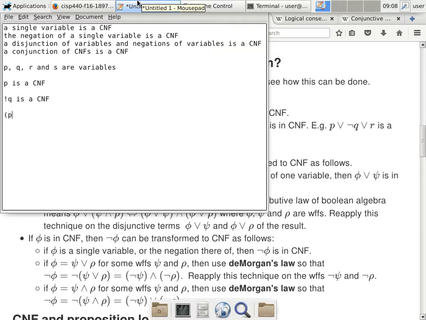So now I can say P or not Q or R is a CNF because it is a disjunction where the individual components are either variables or the negation of a variable. So it is also a CNF. So now I can say, if all of those things are CNF, if I do a big, huge conjunction of all of those things that are known to be CNFs, the end result is a CNF. So I can say P and not Q and P or not Q or R, that is a CNF as well.